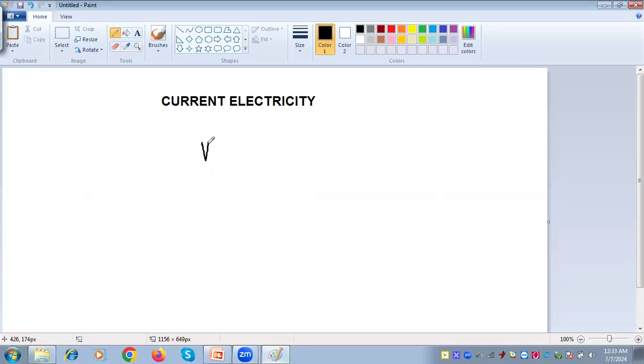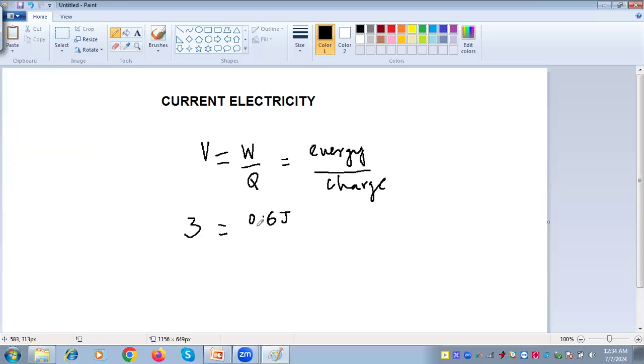V is equal to W over Q. W is energy or work done, and Q is charge. So we have to find out how much charge. Potential difference 3 volt is equal to energy 0.6 joule over Q. So what is Q equal to?